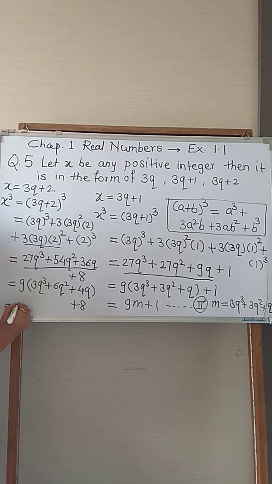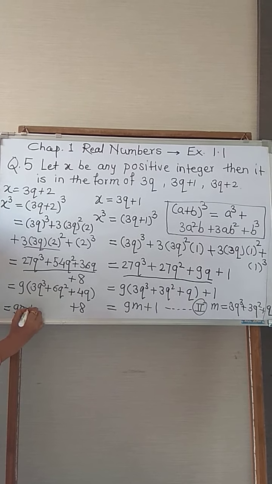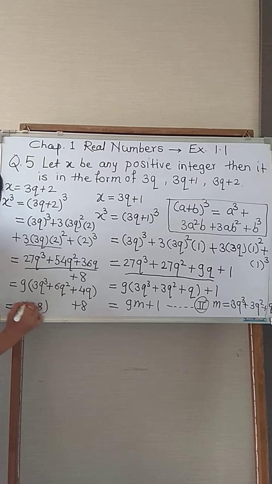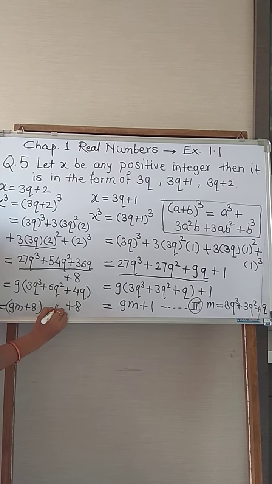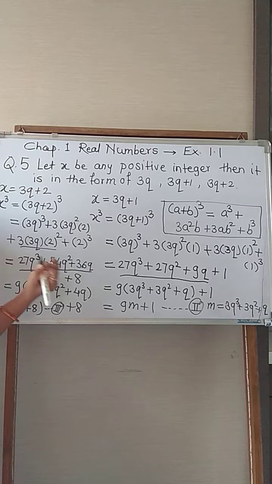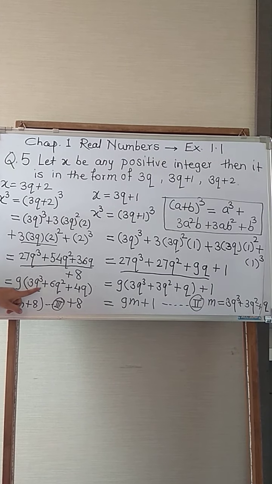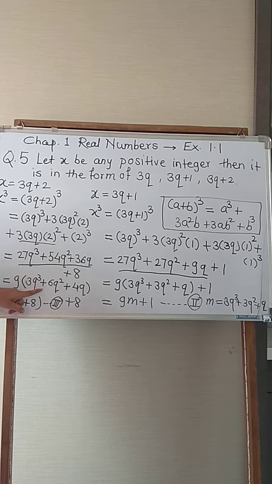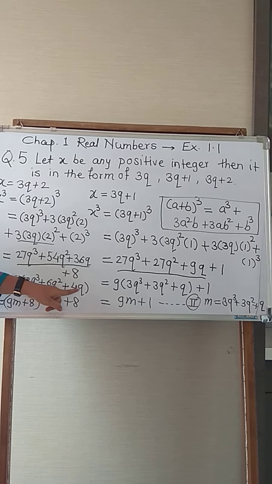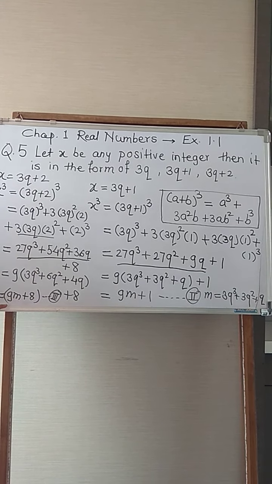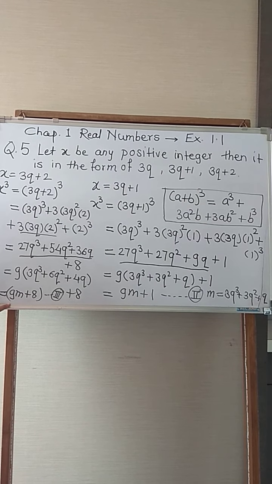So this we can write as 9m plus 8, and this is our third equation. Again here m is 3q cube plus 6q square plus 4q, and where m is any integer.